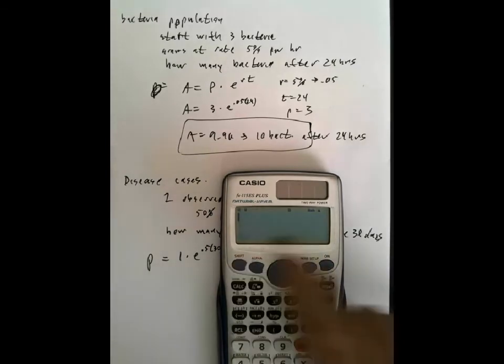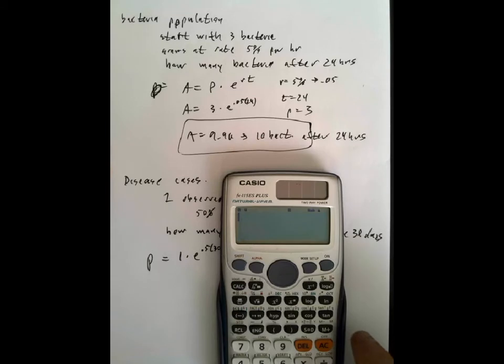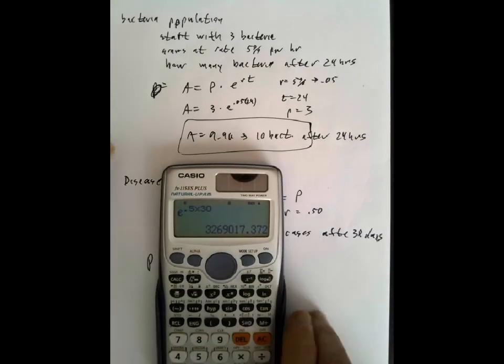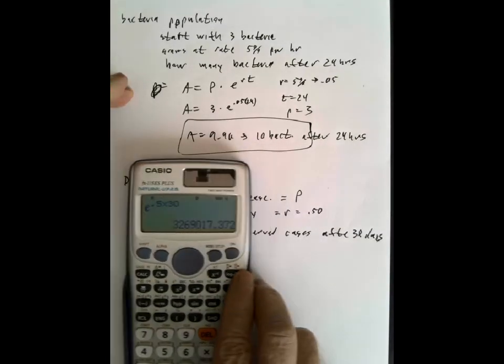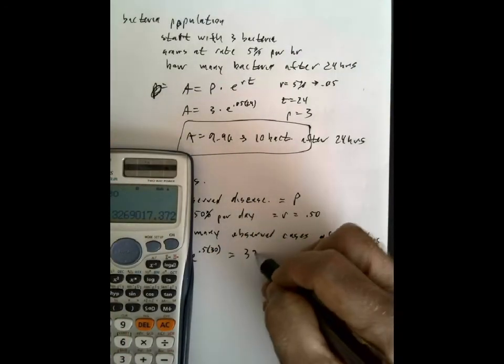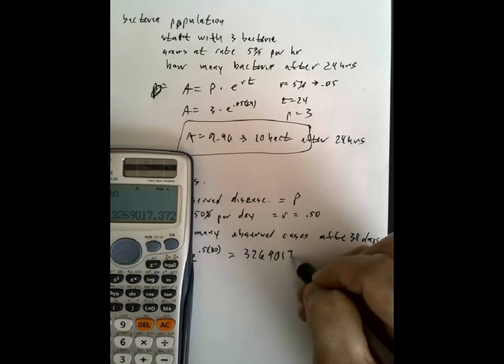So that's shift E, 0.5 times 30. Oopsie, don't need that parentheses. Times 1. And yes, that's right. Indeed, that is 3269017.